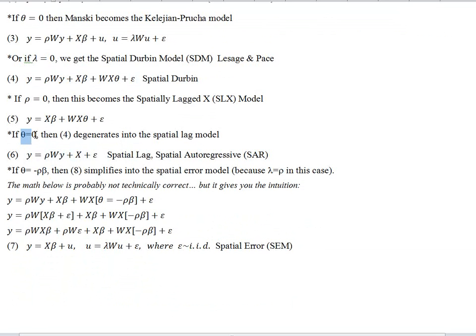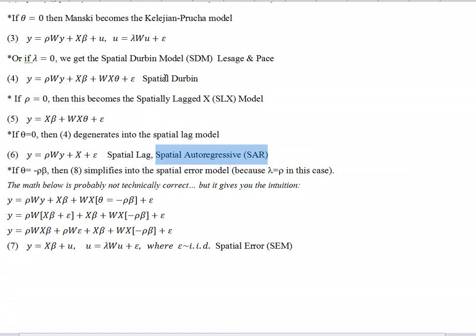So if the thetas are all 0, and there's actually one theta for each explanatory variable, then that degenerates into the spatial lag model. y is a function of the lagged values of y's, rho times the neighbor values of y's. That's called the spatial lag model, or some people call it a SAR model, the spatial autoregressive model. Spatial lag y, or spatial autoregressive model. So there's a third way, though.